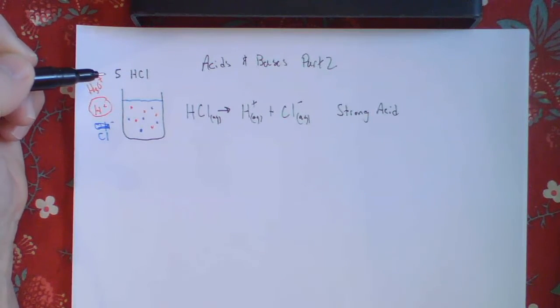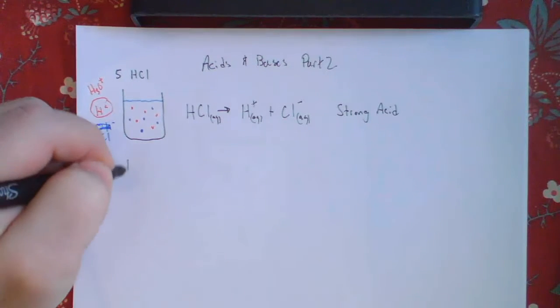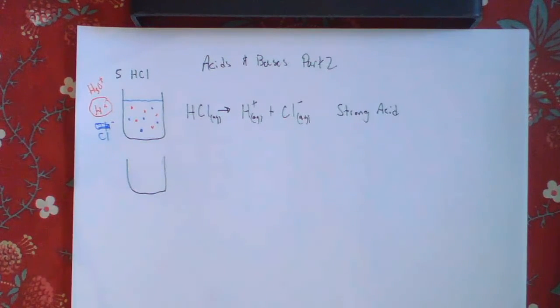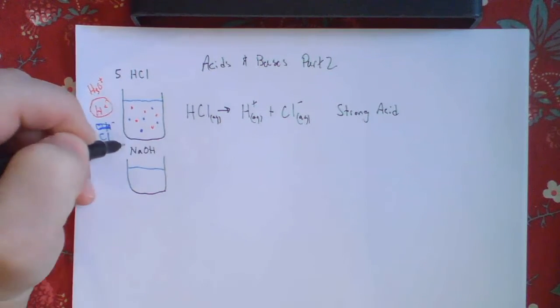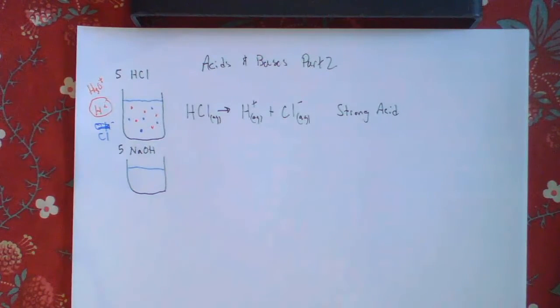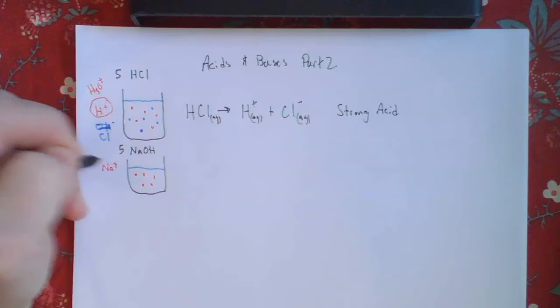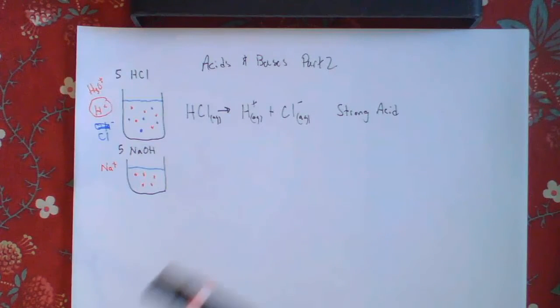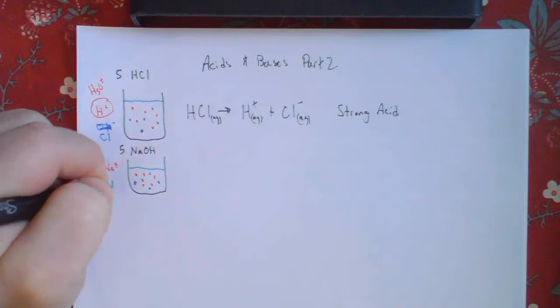because everything is going to dissociate fully. If we compared that to something that would be a strong base, I'm going to have a new beaker here, and I'm going to put in some water, because it's an aqueous solution. This time we're going to add NaOH into it. If I add 5 of those in there, I'm going to get 5 sodium ions present, and I'm going to get 5 of the OHs present.